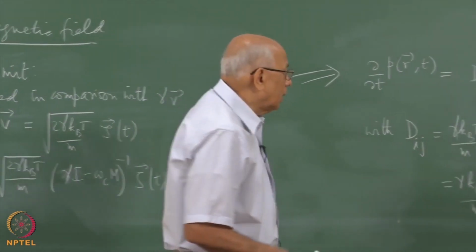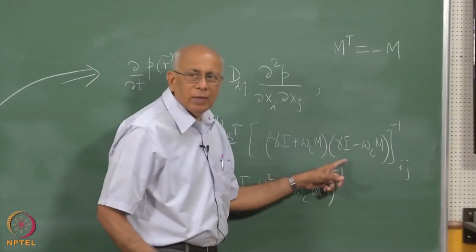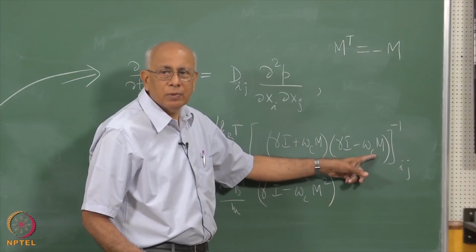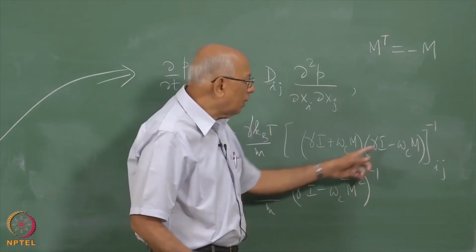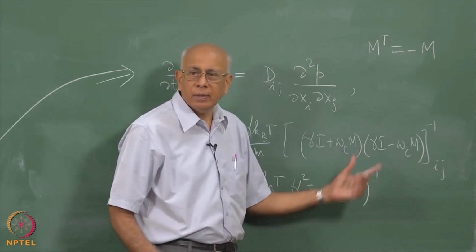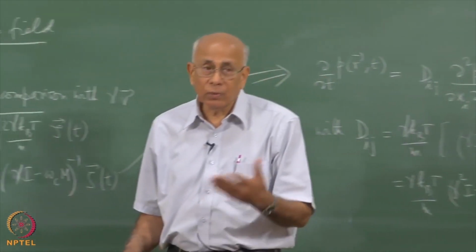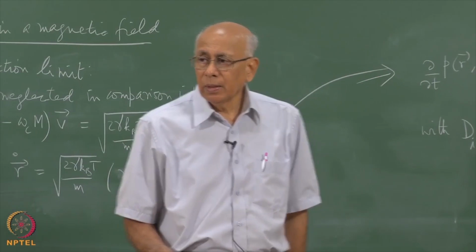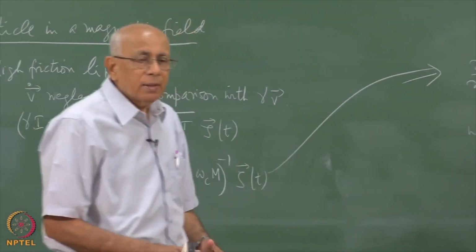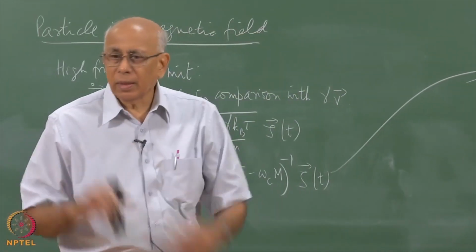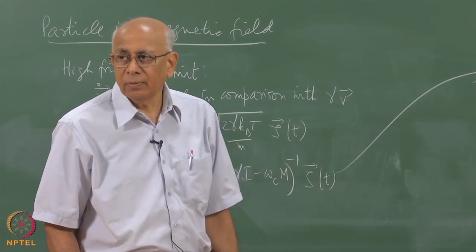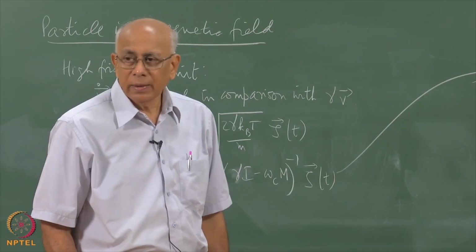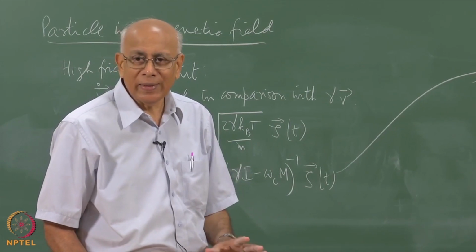You see, you can treat gamma over omega c as an eigenvalue of this fellow, and there are no real eigenvalues. So as long as gamma and omega c are real, the inverse will always exist. There is no vector such that m acting on it will give you a real number times the vector. Therefore, this quantity has an inverse. Do you agree?